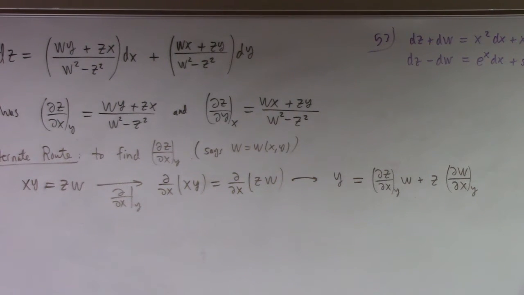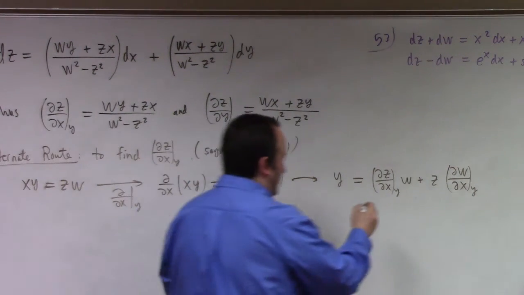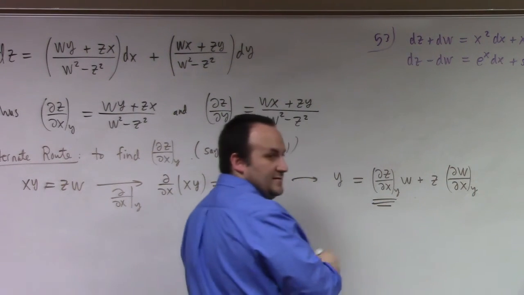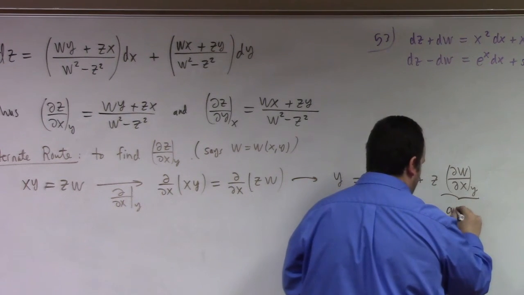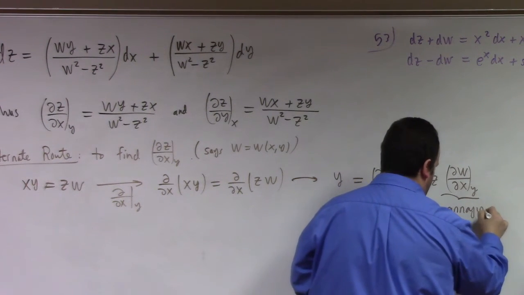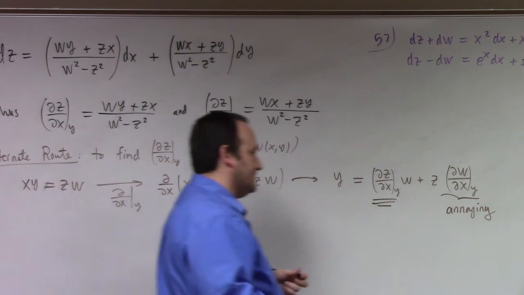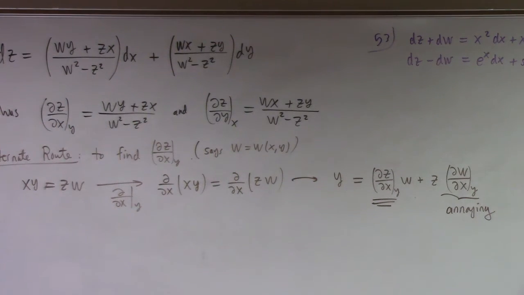If x and y are independent, that means z and w are dependent, which means that w has to be understood as a function of x and y. And so, great, this is what I'm after, right? But this is annoying. How to get rid of it?